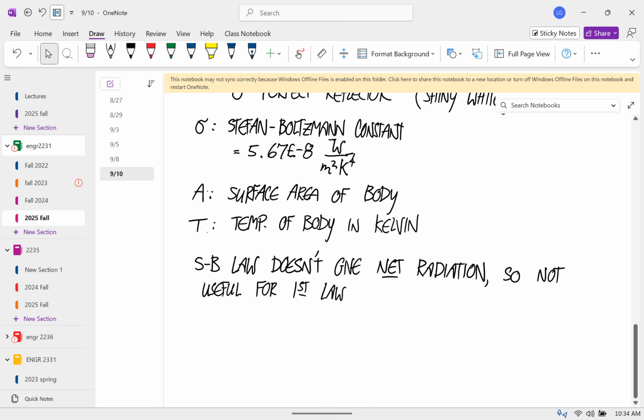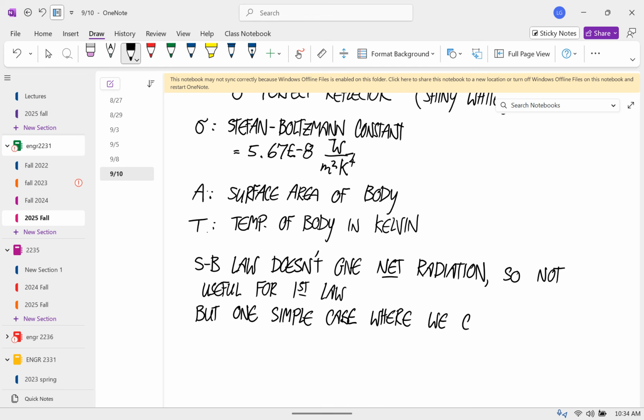Well, there's just one simple case where we can use this. So there's one simple case where we can calculate the net radiation.